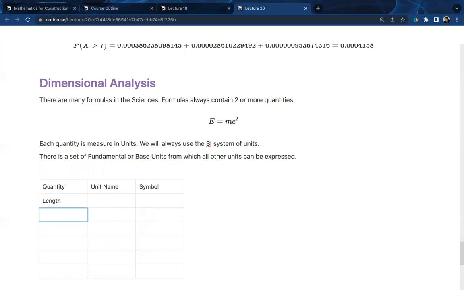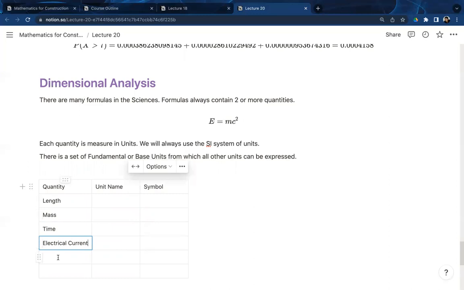So length, mass, and time. Those are the quantities we're going to be using more, right? But we have others that are fundamental. So electrical current is a fundamental quantity.